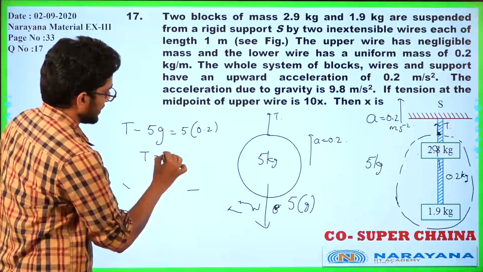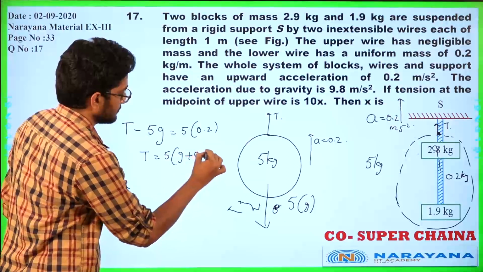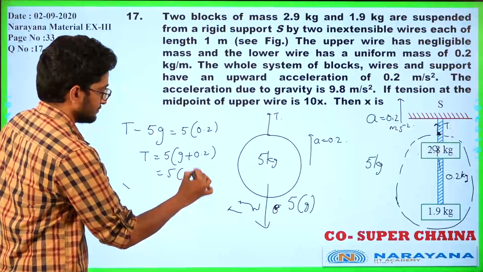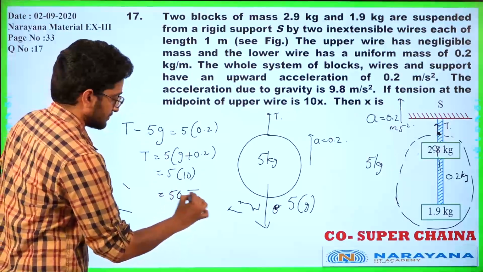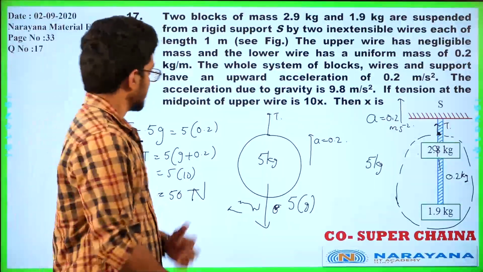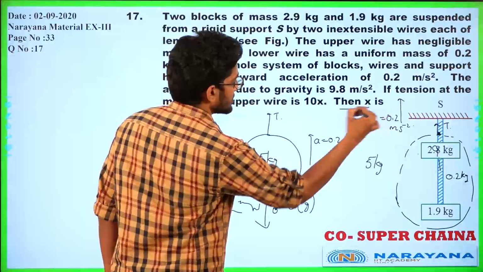So tension is 5g plus 5 into 0.2, so 5 into g plus 0.2. So 5 into 9.8 plus 0.2, that is 5 into 10. So tension is 50 newtons. So the tension at the midpoint of the upper wire is 50 newtons, 10 into 5. So the X value is 5.